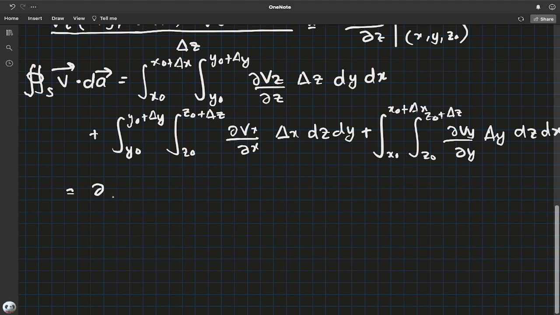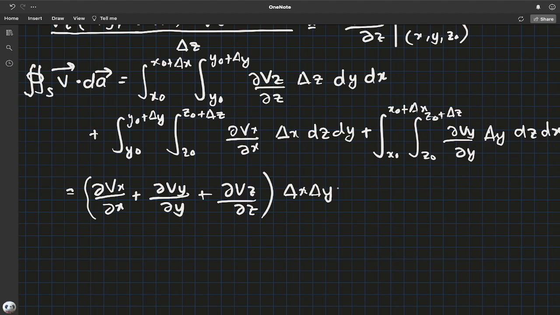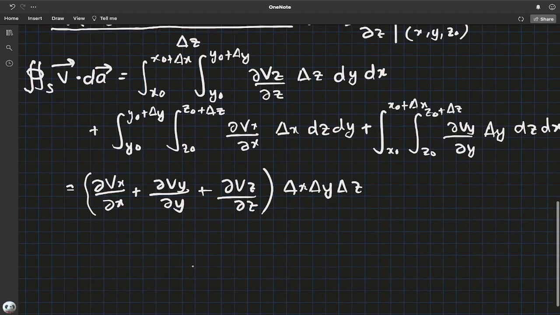So we have the factor of delta x, delta y, delta z for all three terms, and since you can commute multiplication, you can write everything in order. So we have partial v_x with respect to x plus partial v_y with respect to y plus partial v_z with respect to z, multiplied by this common factor of delta x, delta y, delta z.